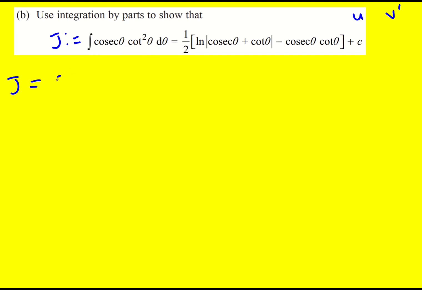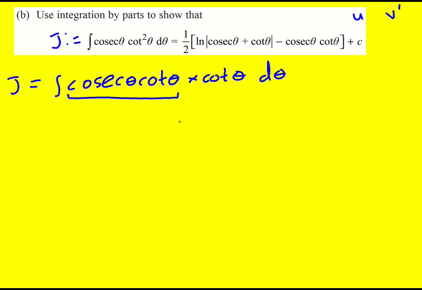In fact, the way to go about it is to take a bit more time to think about it and rewrite it as cosec theta cot theta times cot theta. That's a bit better. Because now, remember, I've already talked about this one before. We're going to let this one equal v dash, which means that v is going to be minus cosec theta, and this one can be u. So u dash, the derivative of cot theta, is minus cosec squared theta.